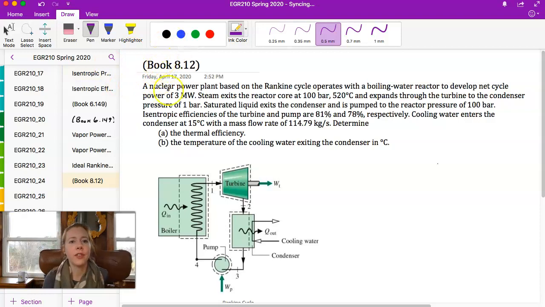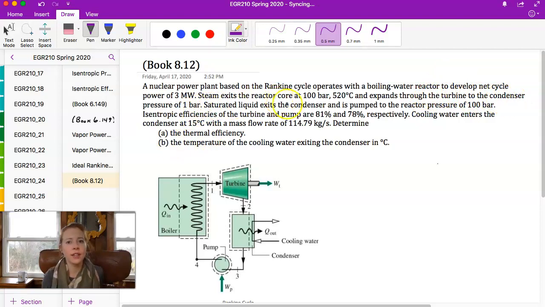And so for this example, we're looking at a nuclear power plant based on the Rankine cycle that operates with a boiling water reactor to develop net cycle power of 3 megawatts. Steam exits the reactor core at 100 bar, 520 degrees Celsius, and expands through the turbine to the condenser pressure of 1 bar.